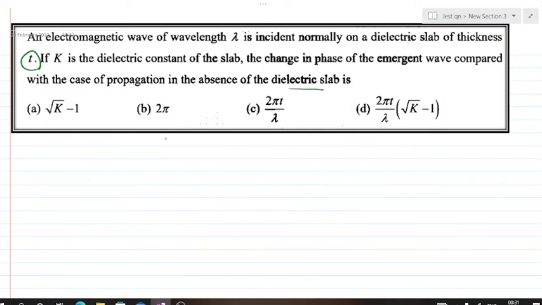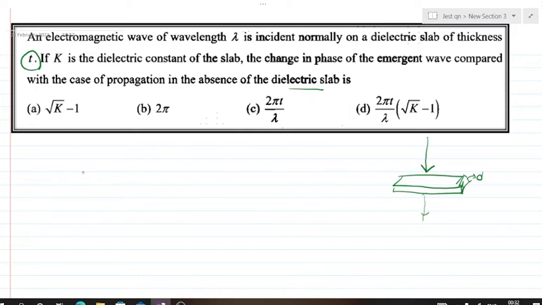The wave is incident normally on the dielectric slab, the thickness is D. So what will be the emergent wave compared with the absence of the dielectric slab?